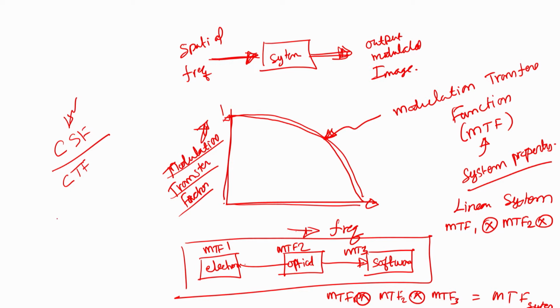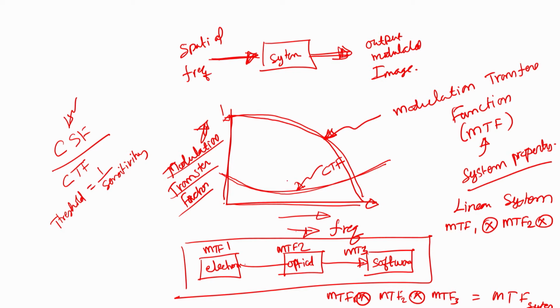So, we remember our threshold is equal to 1 over the sensitivity. Therefore, the same function can be plotted something like this. This is the CTF, the contrast threshold function. This threshold function tells you what threshold is necessary as we increase the frequency.